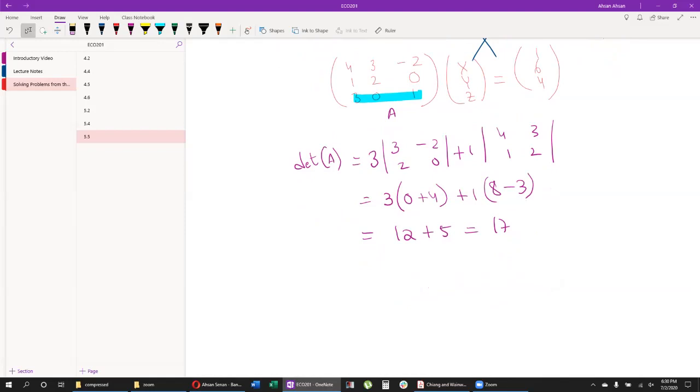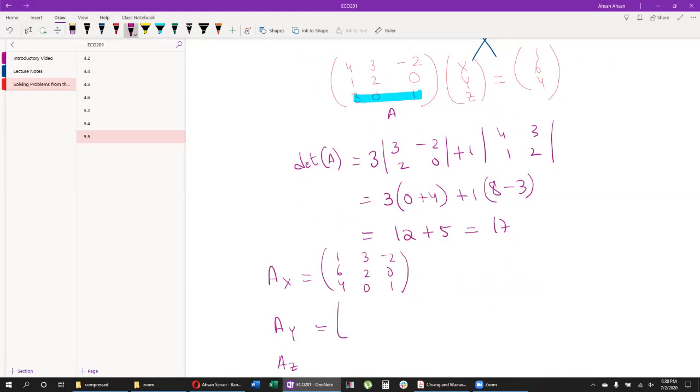And now I'm going to construct AX, AY, and AZ. So AX is going to be 1, 6, 4. I'm replacing the first column, and then 3, 2, 0, minus 1, 0, 1.